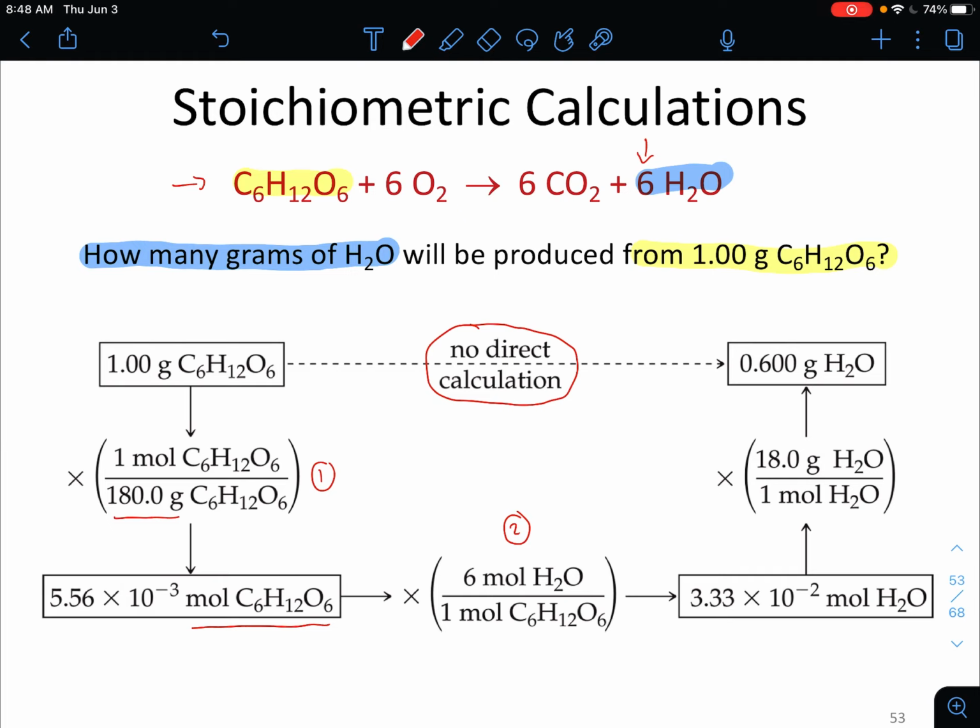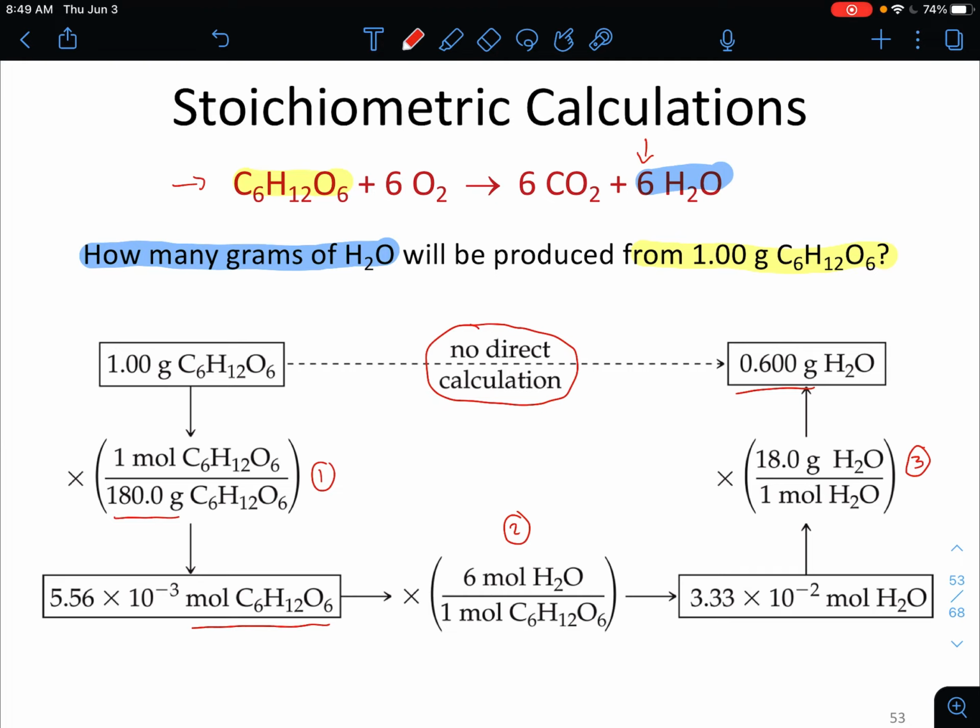So that's the balanced equation acting as my recipe. And then lastly, in step 3, I convert from moles of product to grams of product, and then there's my final answer, 0.600 grams of water. So again, you don't need those intermediate values, right?